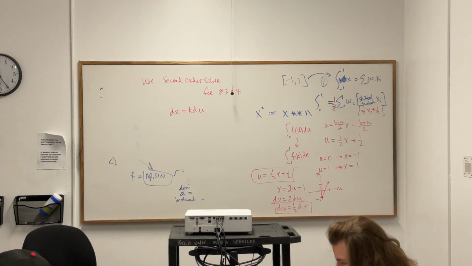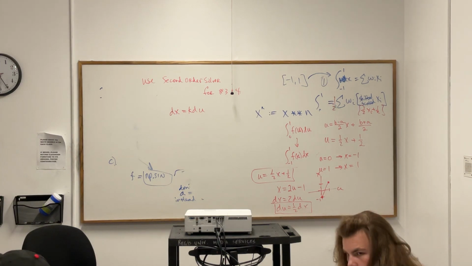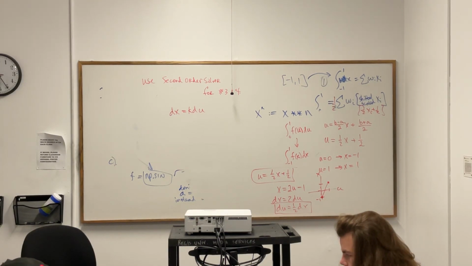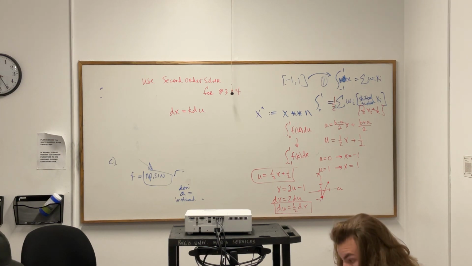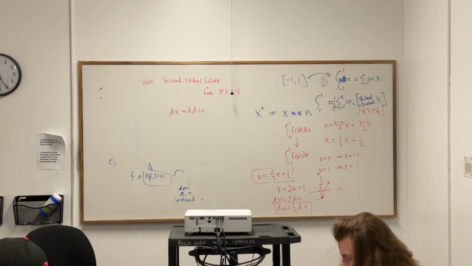So this is your first equation. Our x is playing the role of theta. So you've got dx dt equals v. And then this is dv dt, which would be negative. Yeah, exactly.